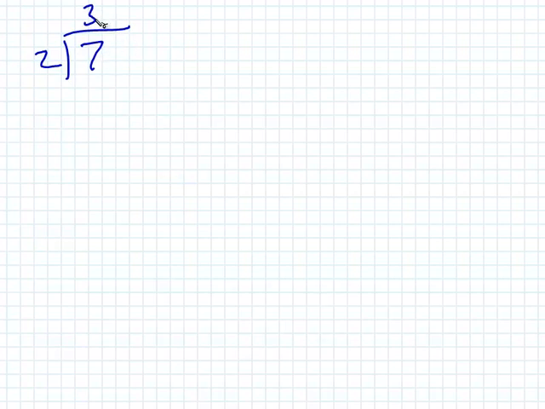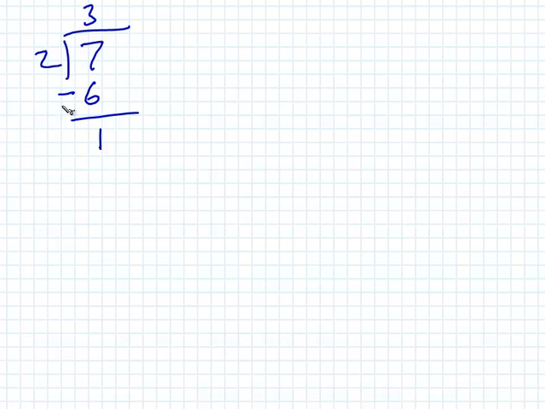If I put a 4, 2 times 4 is 8, that's too big, so I go 2 times 3. Then you say, what is 2 times 3? Well, that's 6. So these don't match now. So then you subtract. So you start by figuring out the best number you can, then you multiply, and then you subtract. And by subtracting, I'm seeing how far off am I, and I'm off by 1.